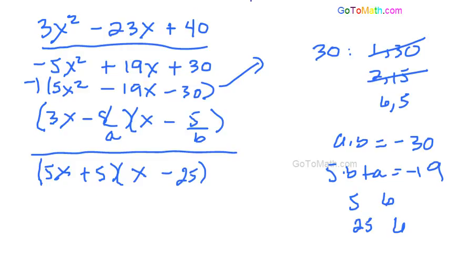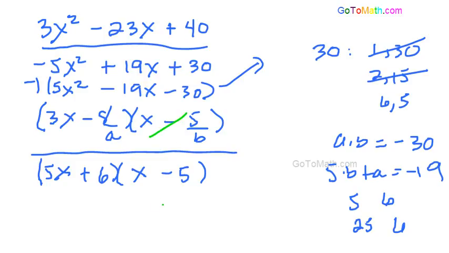Wait a minute, I got that backwards. That can't be right. Oh, I know what I did. What are we doing here? 25. B is negative 5, right? And that is 6.